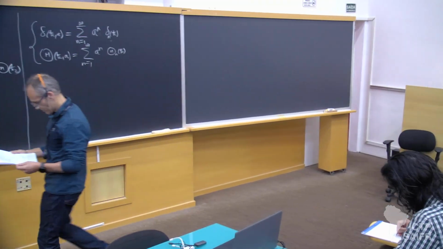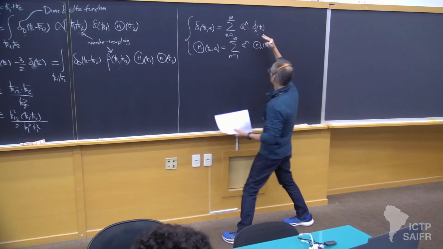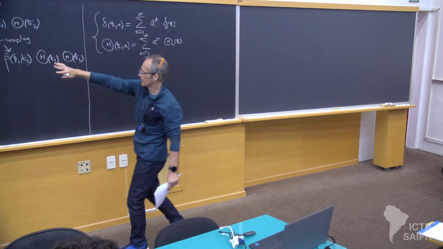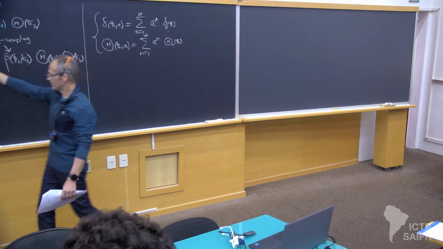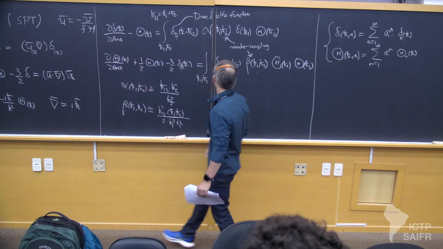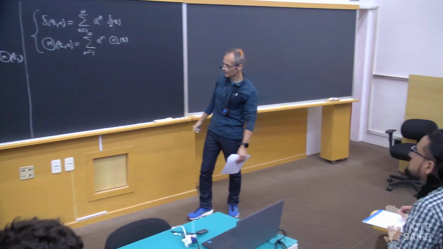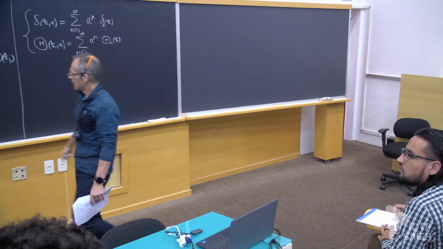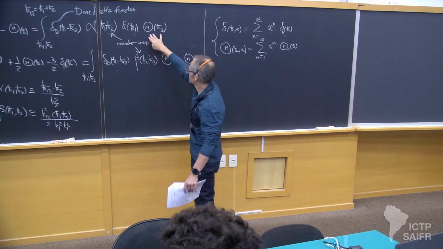So let me just quote the results. If you plug this into the left-hand side and the right-hand side, what's going to happen? The left-hand side is pretty easy because everything is just linear, and the derivative with respect to log a of a to the n just brings down an n. That's all there is to it. On the right-hand side, things get a little bit more involved because you have two sums.